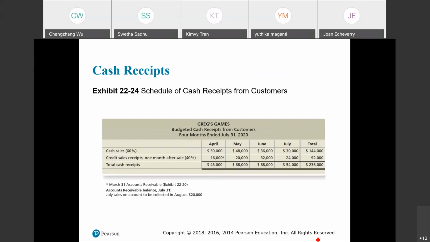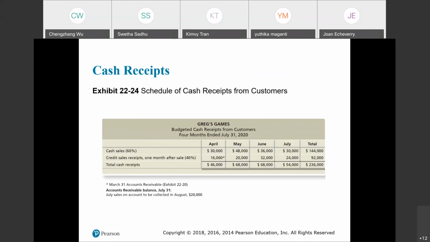The primary source of cash is from customers. The sales budget illustrated previously shows the total sales for the period. And I just said that the operational budget is prepared based on accrual basis.